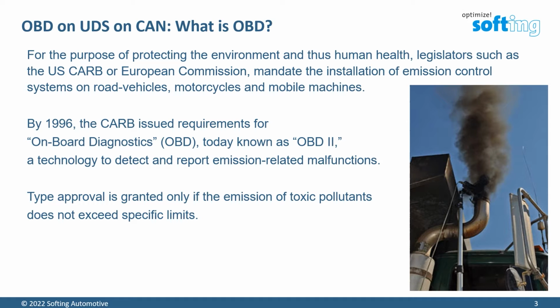By 1996, the California Air Resources Board issued requirements for onboard diagnostics, OBD, today known as OBD II, a technology to detect and report emission-related malfunctions. Type approval is granted only if the emission of toxic pollutants does not exceed specific limits.